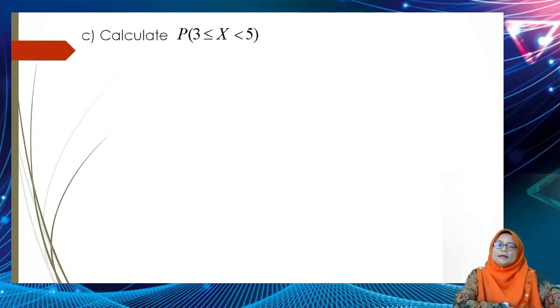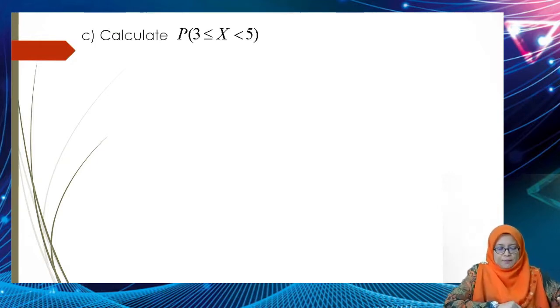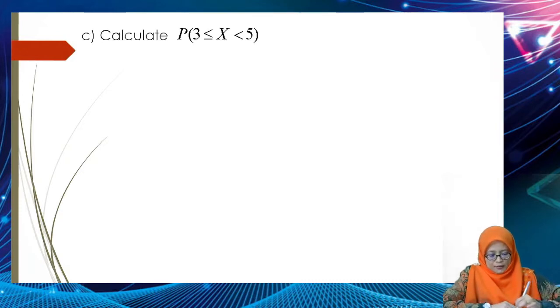Okay, so then nak calculate the value for x is in between 3 to 5. So 3 is include, 5 is not include. Okay, so untuk soalan ni kita boleh guna dua cara. Depend awak nak guna function yang mana. So kalau awak guna, if you are using cumulative distribution function, so to find probability x is in between 3 to 5.